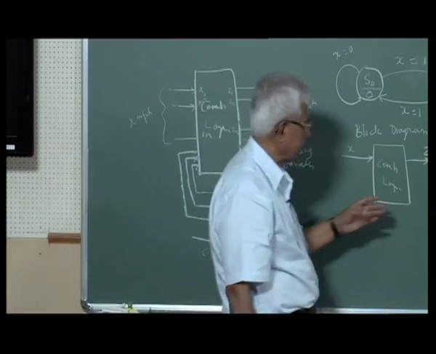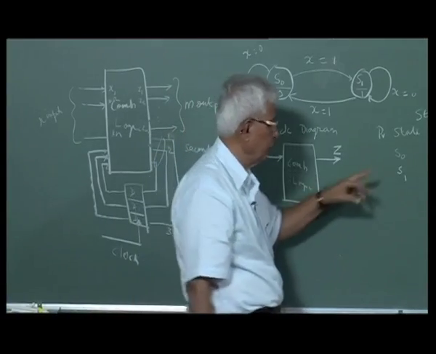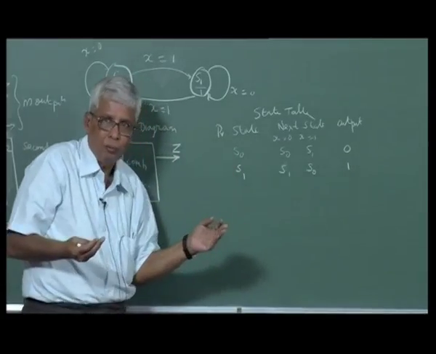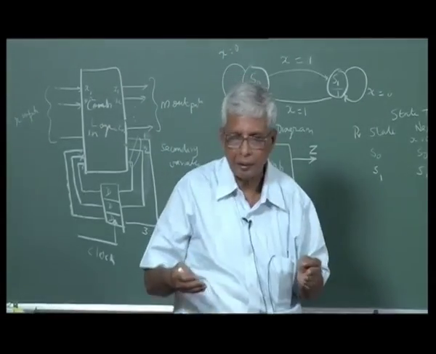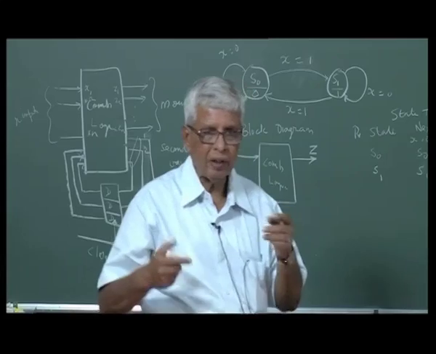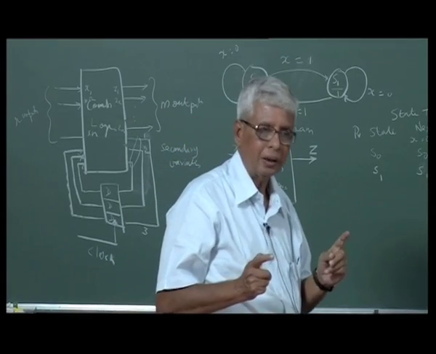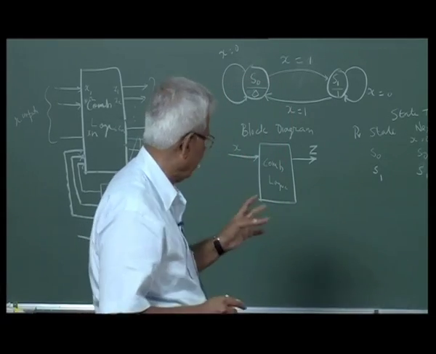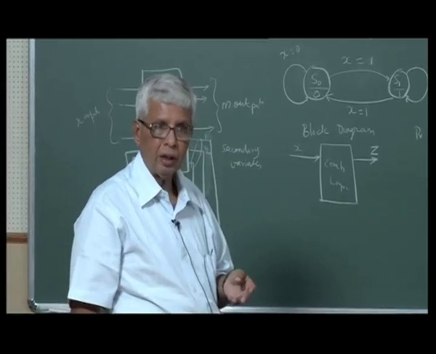Now, how do you draw this circuit? S0, S1 have no binary values. We have to make everything binary. How many binary variables do you need? There are only two states, S0 and S1.